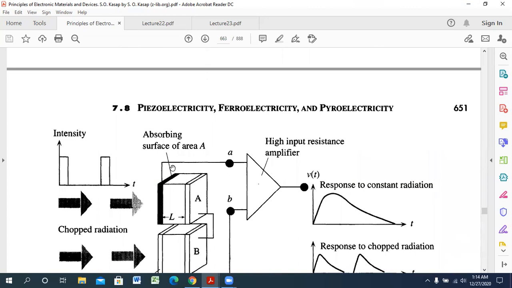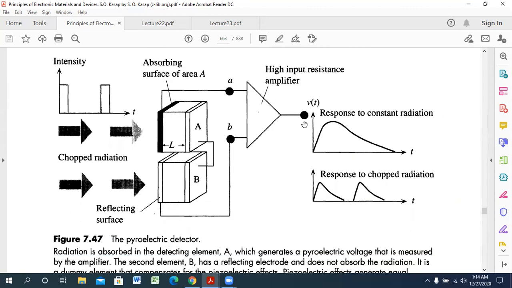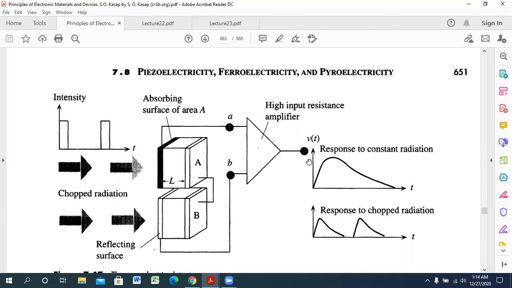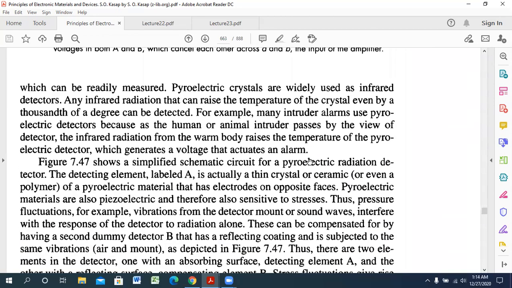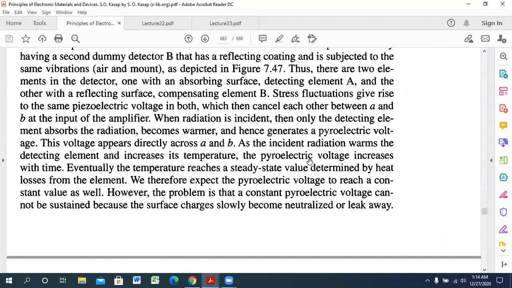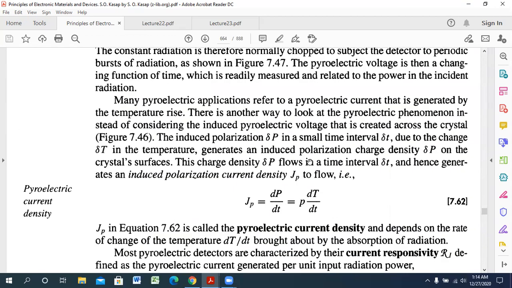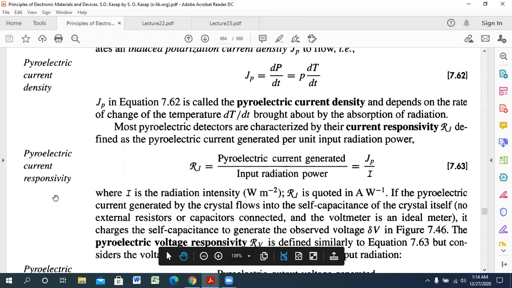And they have discussed the curves. For the exam, these curves are not so important, but the mathematical problems and the basic understanding are important. So this one is the induced polarization current density. You know about the current density, and this one is known as the photoelectric current density.